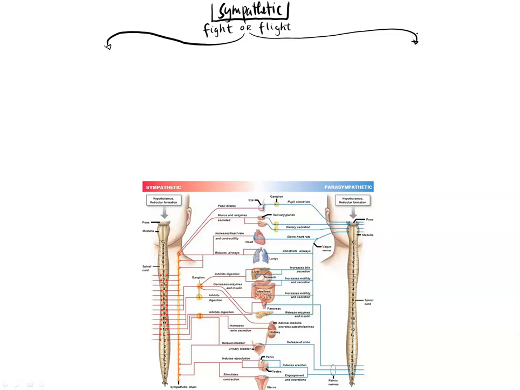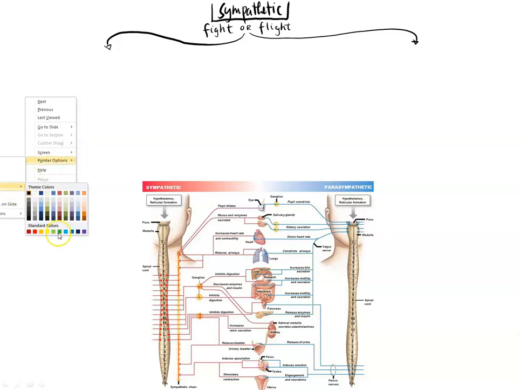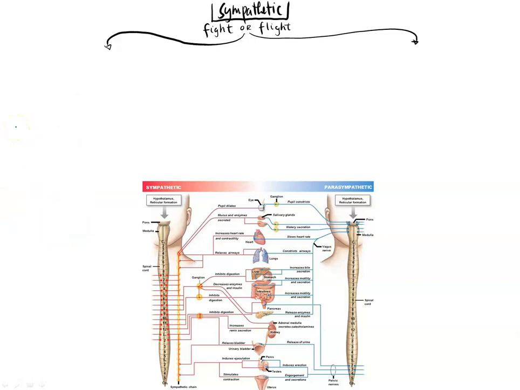The sympathetic nervous system can both upregulate an effector and downregulate an effector. Let's write that down, and I want to color code. Upregulate, I'm going to make green, because green means go. I'm going to put upregulate effector.